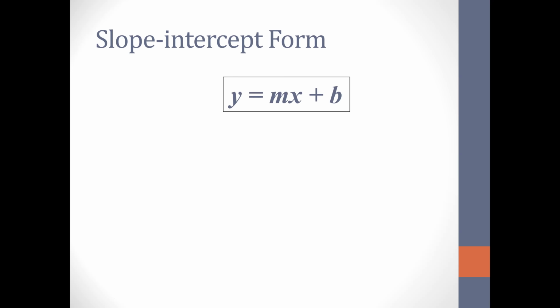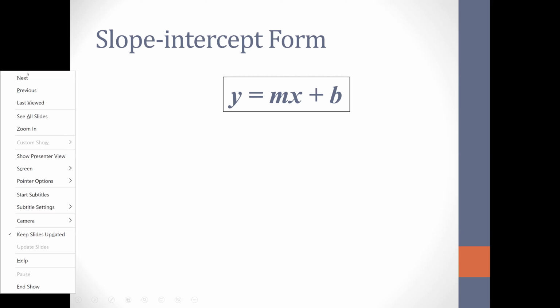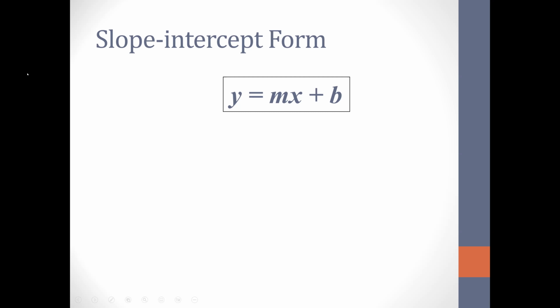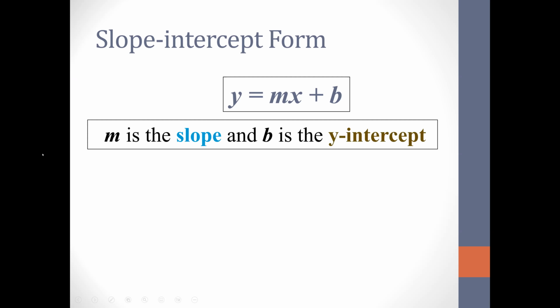The b, we have a tendency not to know what it is, but we'll also cover a little bit today how to solve for that if we have a point. So just a reminder that m is our slope and b is the y-intercept.